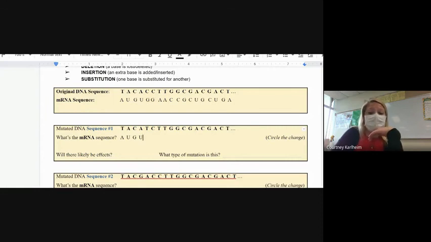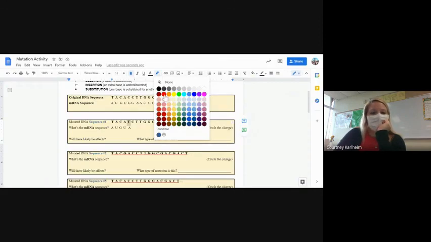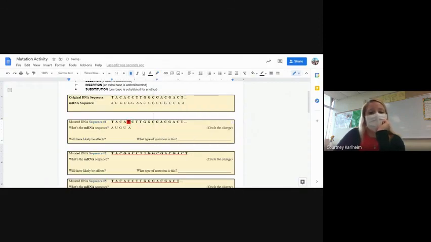And look, I already found where something happened. It says there's a T here now, and what pairs with T is an A. So if you look, that's where it switched, because I have AUG, and then U, but then there is an A. Let's make it red. So we know that this one is the one that changed. You can highlight it red so that you know it isn't correct.